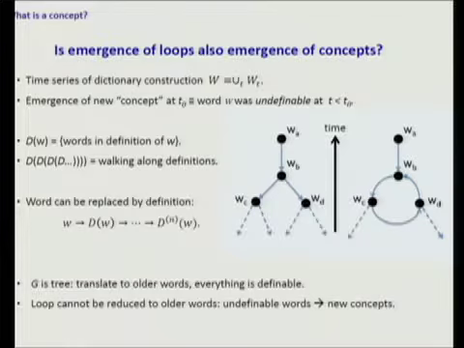So if we start from WA, we can go down the graph and replace it by older and older layers of words and get to very old strata of the dictionary.